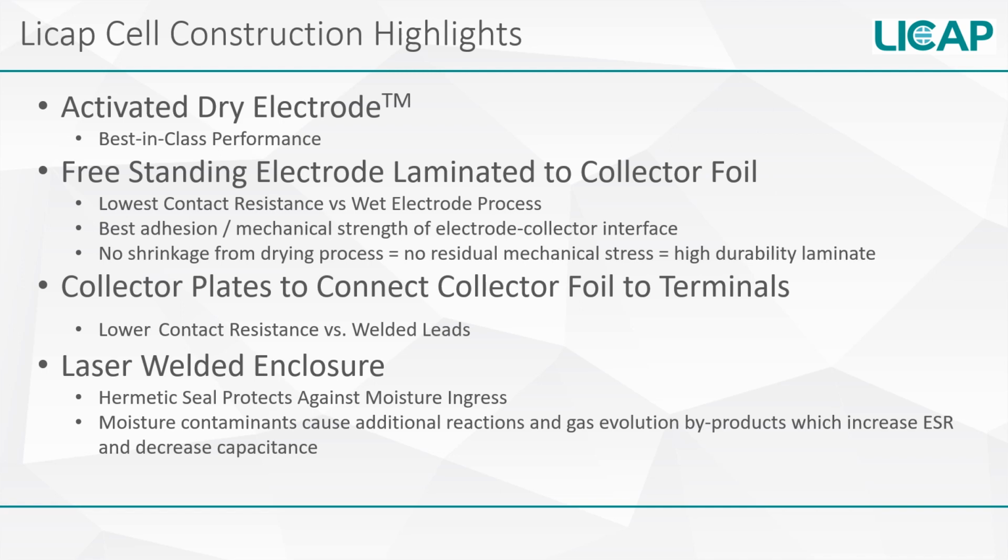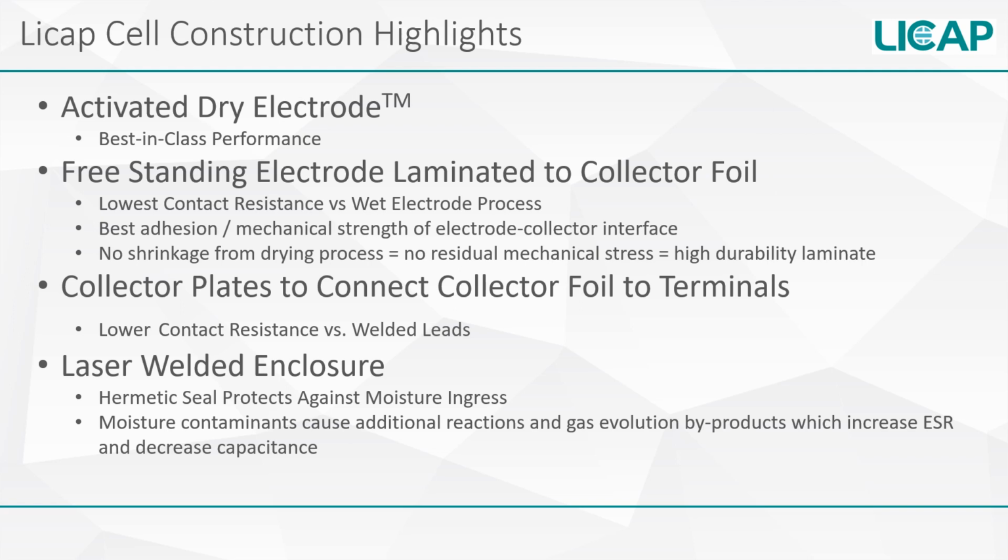Number 2, the freestanding carbon electrode, unique to Licap's activated dry process, allows for the most mechanically durable electrode current collector laminate structure and the best interfacial resistance, which results in superior ESR.